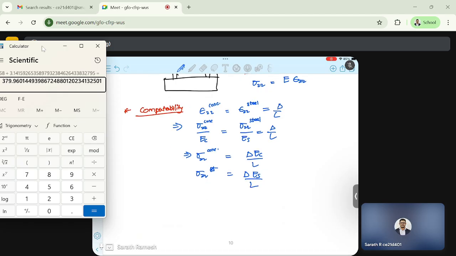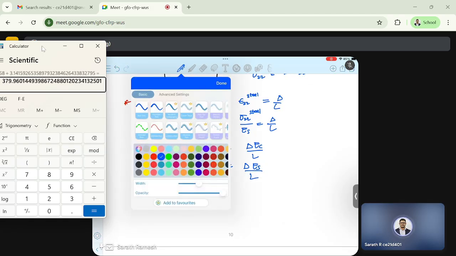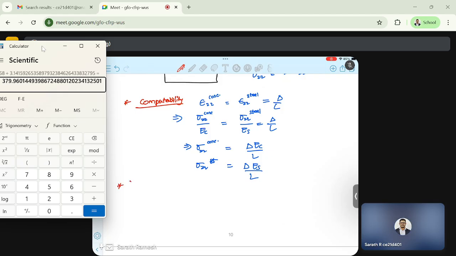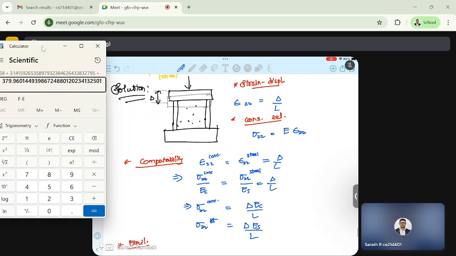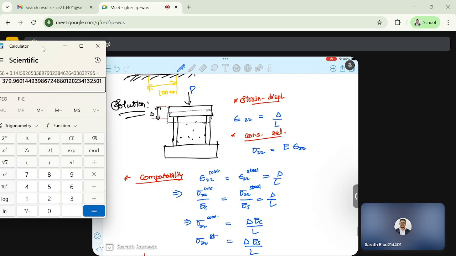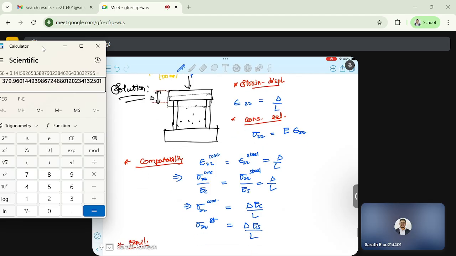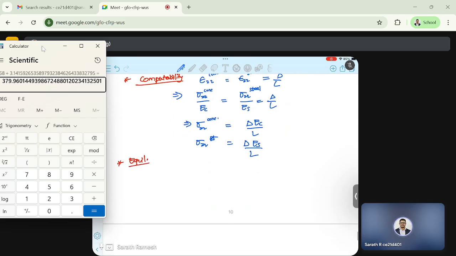Fine. So these two. Next, finally, the equilibrium equation. The equilibrium equation tells us the total load P will be equal to the load shared between the concrete and the steel.